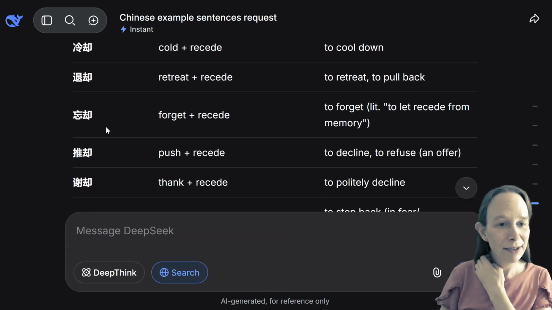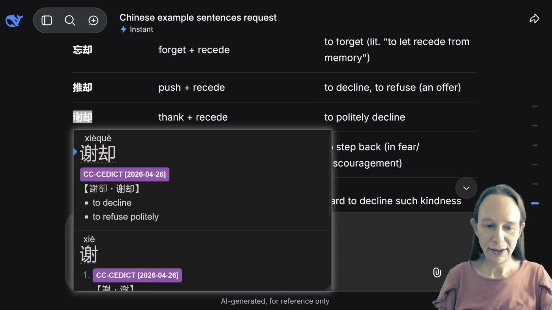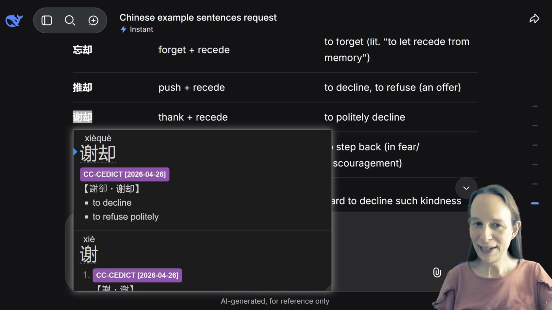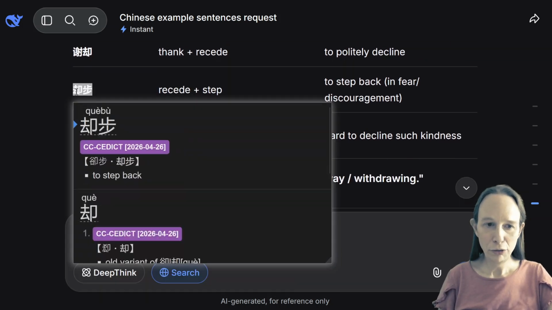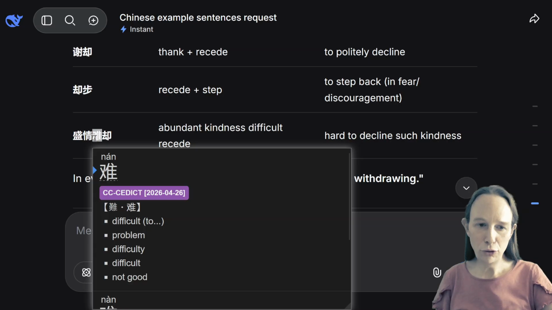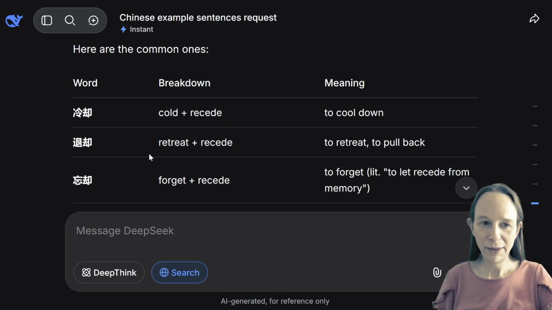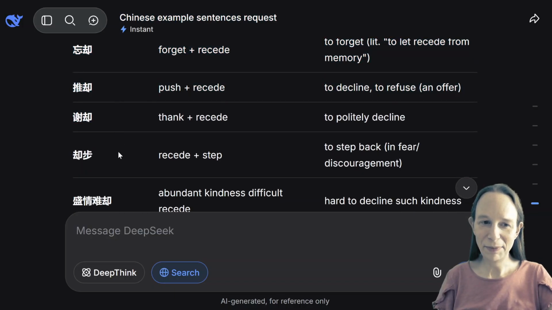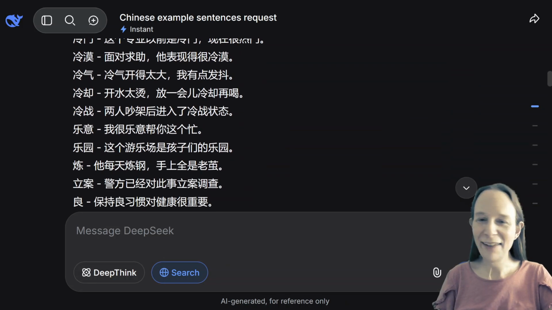No, it is a verb. 推却. 谢却. I don't know this one. Oh, this 谢 is 凋谢的谢. Decline. This one. Wither. 却步, 盛情难却. All right. Yeah. I mean, not adjectives, but you gave me lots of examples. You told me I'm wrong and then gave me fairly concrete proof that I'm right.